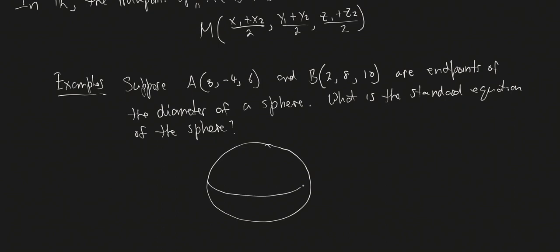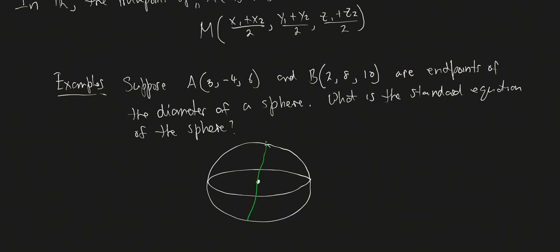I'm just going to say we have a sphere, and we know what the diameter is, right? It's a line connecting 2 points on the surface of the sphere that passes through the center. So the center would be here, and I'm going to draw our diameter. Let's say it's there, right?